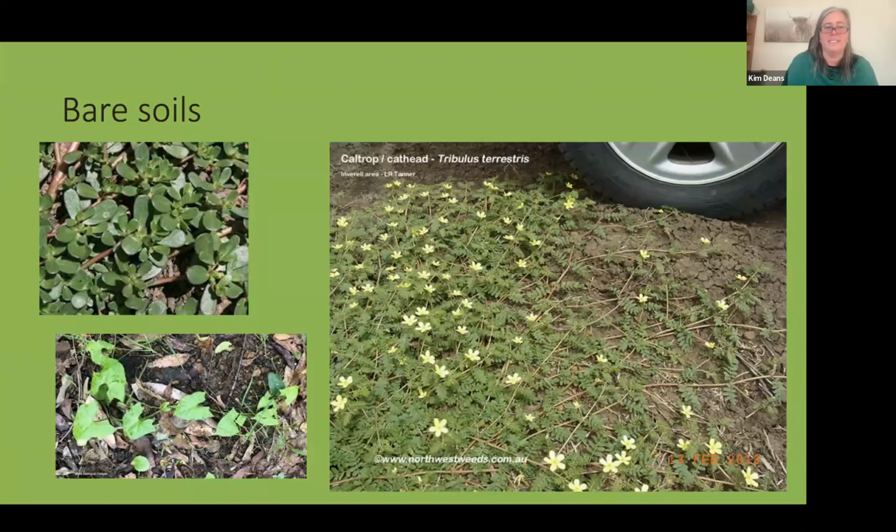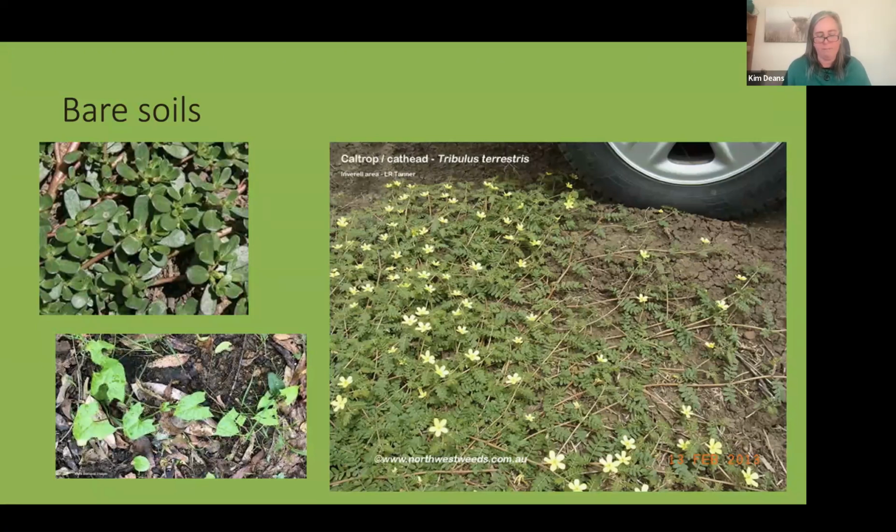Bare soil is a classic. The minute you have bare soil, I find you see weeds you never saw before when there was ground cover. Things like purslane, the really prickly ones like cathead burrs, any kind of burrs tend to be a real sign of a very bacterial soil that has been bare ground, basically.